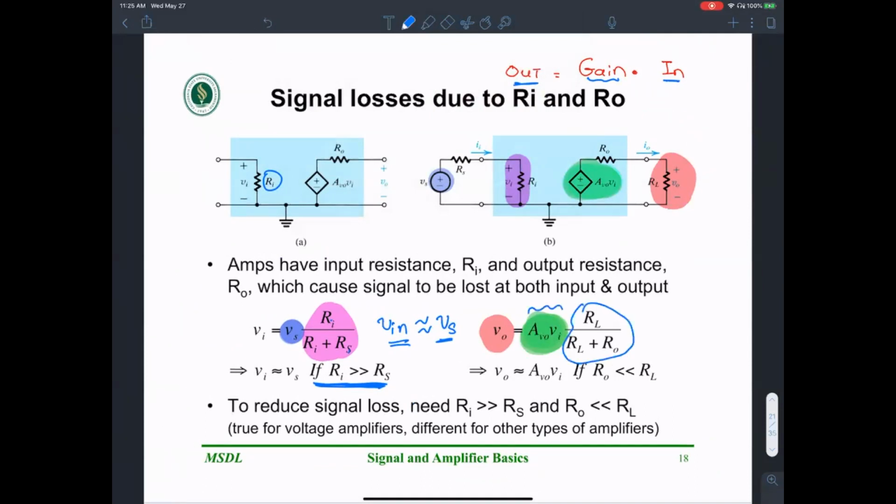If I want a big chunk of this to show up on the output, I want this ratio to be as close to 1 as possible. So in order to make that, I want RL to be much greater than R0. That way the denominator is close to the numerator, and I end up with a value close to 1. So the R0 of a voltage amplifier should be as small as possible in comparison to the load resistance. Does that make sense?